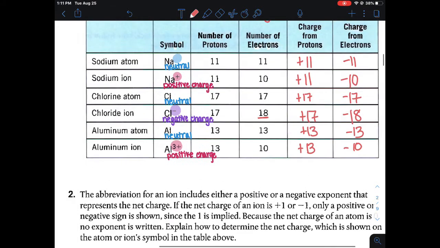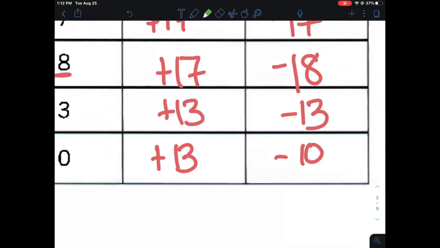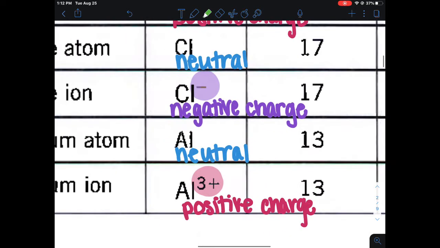So how would we figure these pluses, minuses, 3 plus, or just something is neutral? Well, the net charge of an element is just the sum of the charge from the protons and electrons. So if we added, let's say right here, 13 plus negative 10 or 13 minus 10, we get 3, which is why we have a 3 plus.